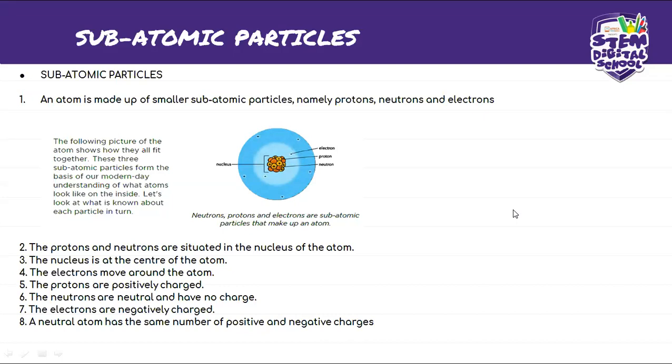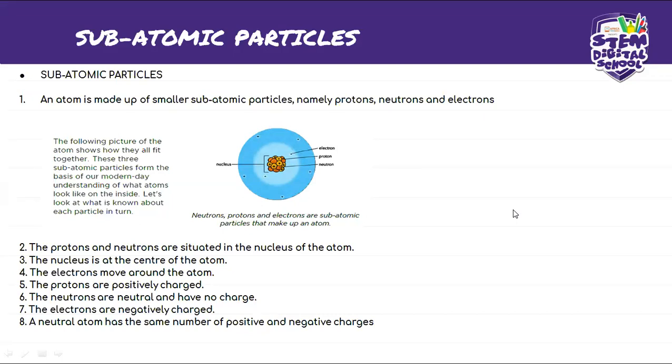We have a nucleus, and inside the nucleus we have protons and neutrons. Outside the nucleus you can see these things, the electrons, which are moving around the nucleus.